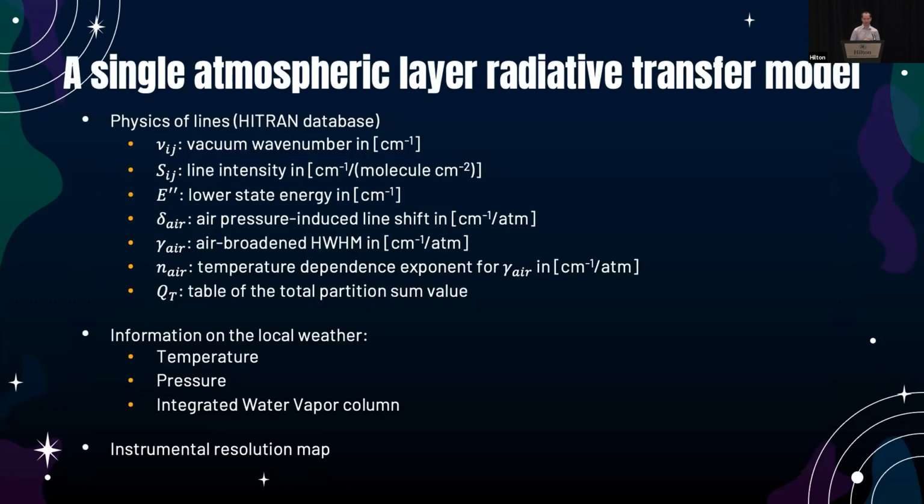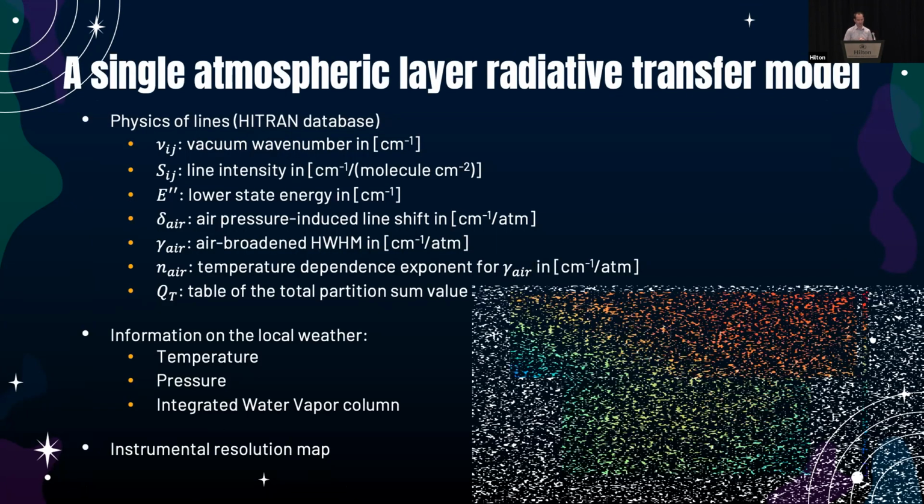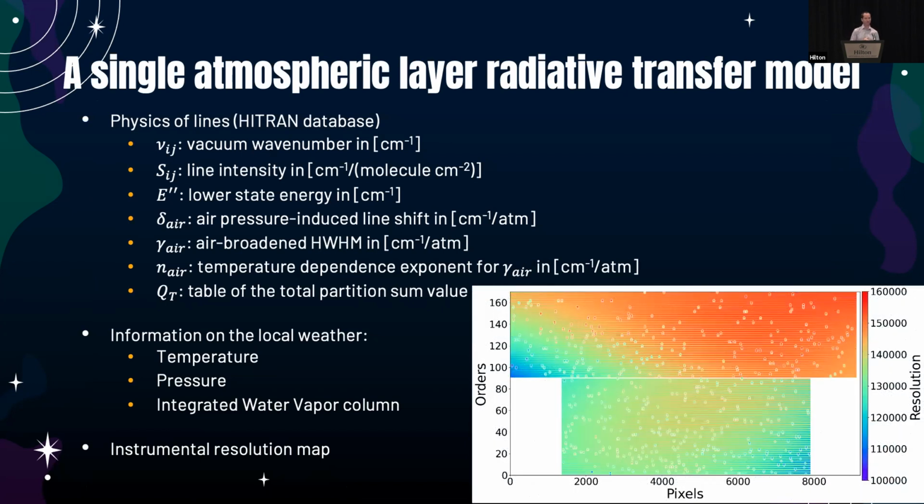The model that we developed is a single atmospheric layer radiative transfer model. We just use the basic parameters of the iTrend database combined with the information on the local weather to produce the high resolution transmission spectrum, which is then convolved to the instrumental resolution at each pixel using an instrumental resolution map, as you can see on the bottom right.